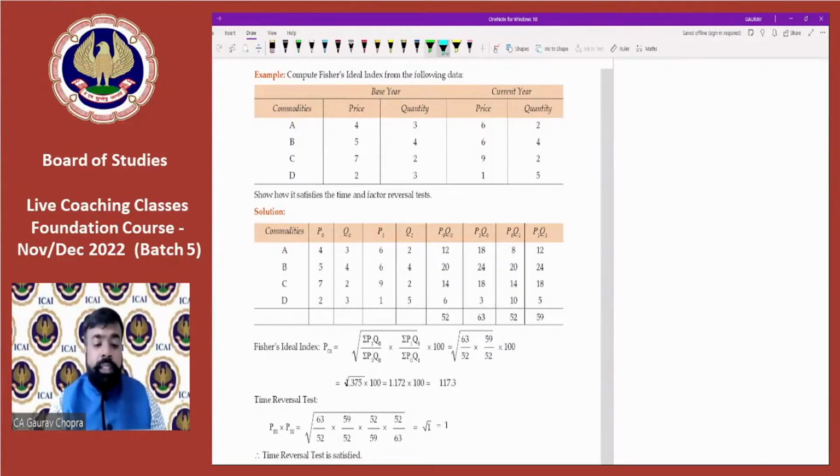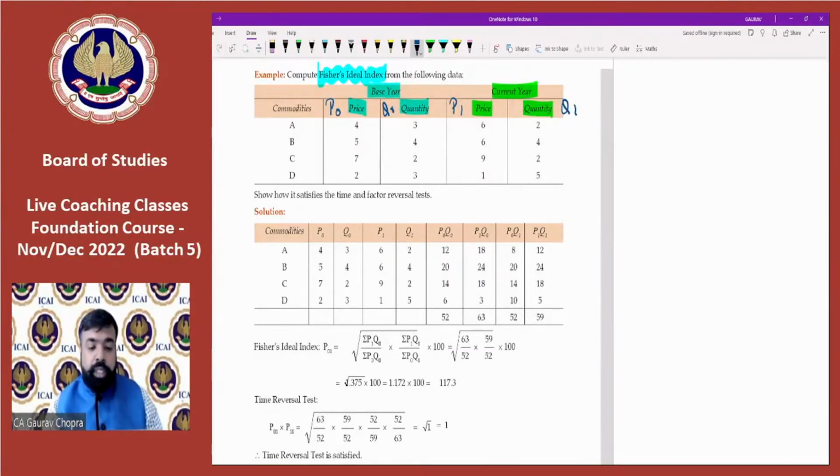Fisher's ideal index number we have to compute. What is given? Base year price, base year quantity, current year price and current year quantity. So base year price can be written as P0 and base year quantity as Q0. Then current year price is P1 and current year quantity is Q1.